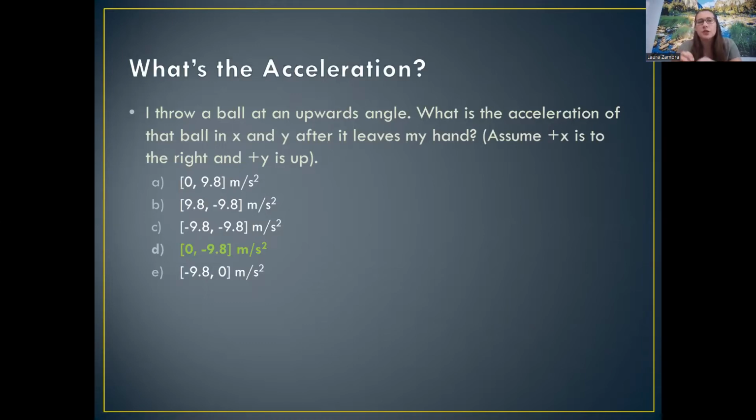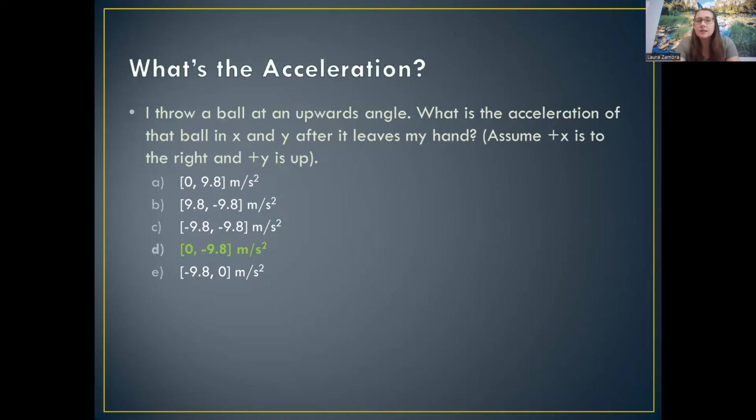If there's nothing to change the velocity of the ball horizontally as soon as it leaves my hand, then the acceleration is 0 horizontally. Now, as soon as the ball leaves my hand, gravity is pulling on it downward, that's vertically. So there is an acceleration vertically of negative 9.8 meters per second squared.